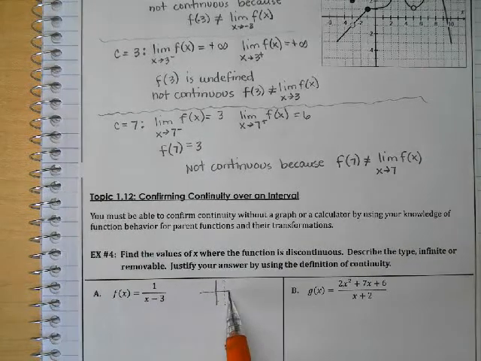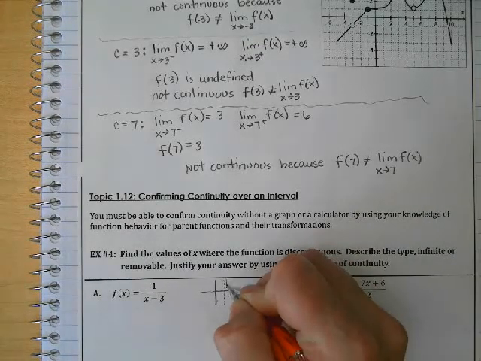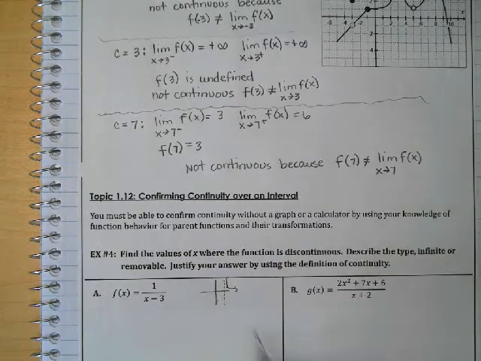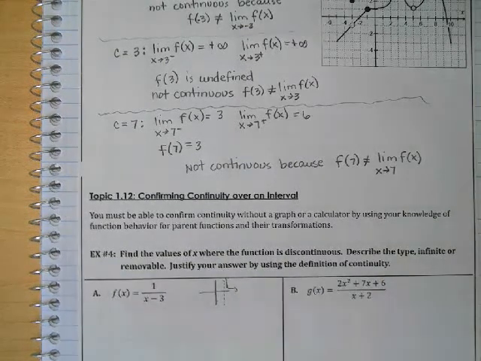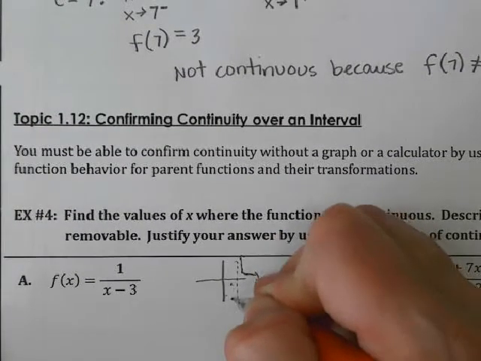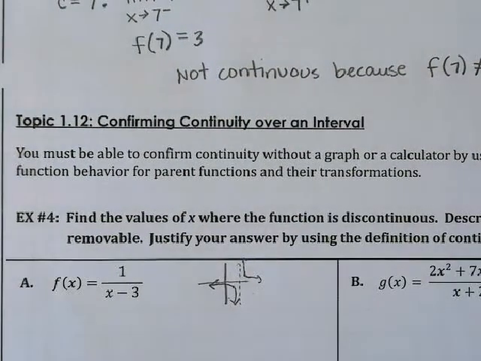What if x was 4? Well, that would be at 1. So I know it goes there, and it's going to go here. If I just know what the graph looks like, I could tell what's happening.